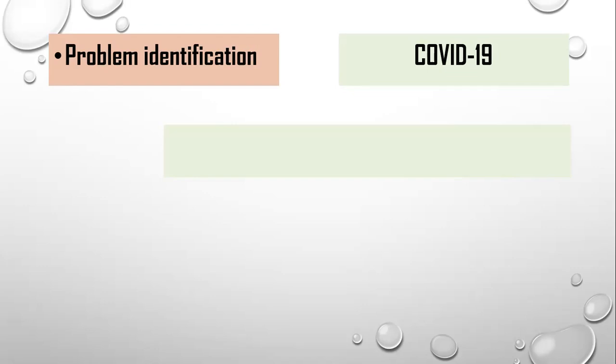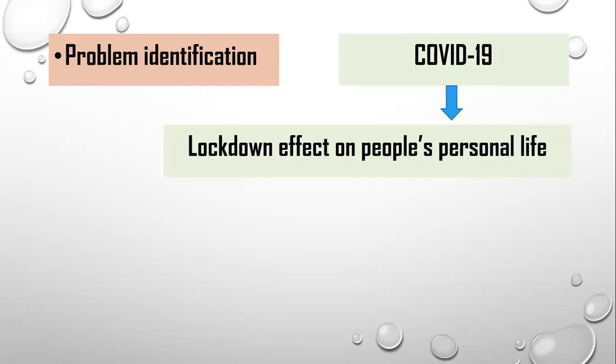Suppose you know that the lockdown is going on to reduce the spread of the COVID-19 disease. So lockdown also has some effect on personal life. If someone becomes interested to know what effects are being imposed on personal life due to lockdown, it may be a research problem. It may be accepted by the policymakers.